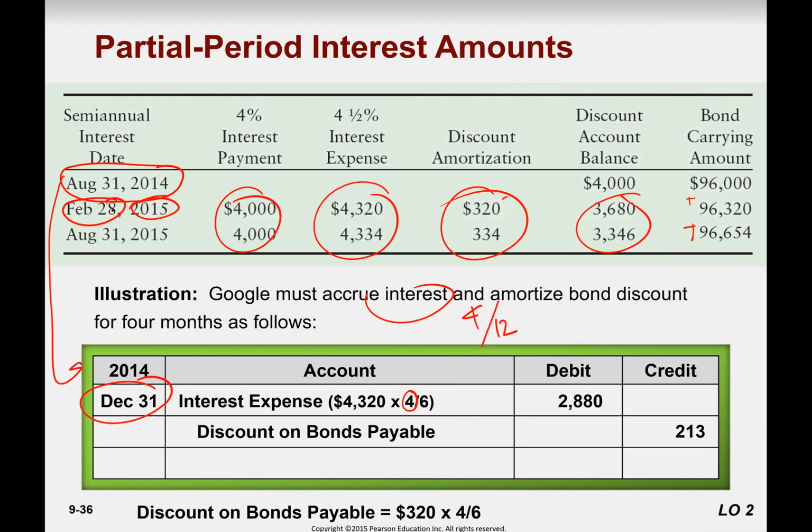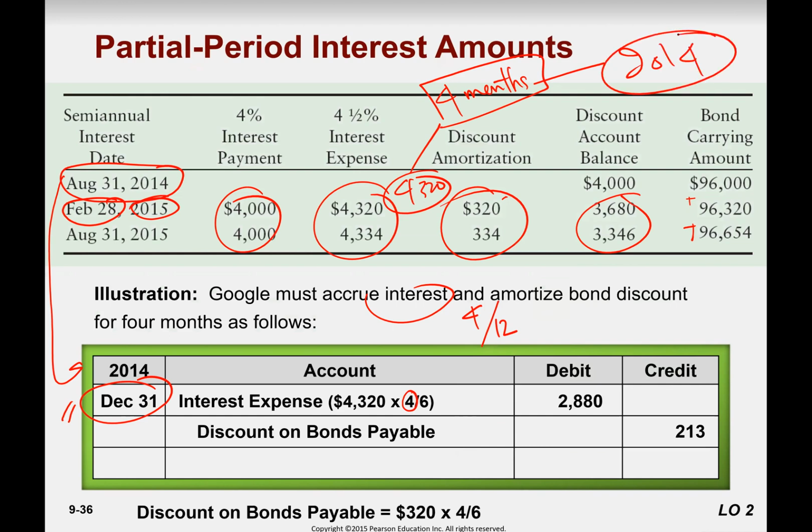But our accounting period closes on 31st of December. So four months of expense belongs to the 2014 year. So we record the 4 months among the 6 months in 2014.